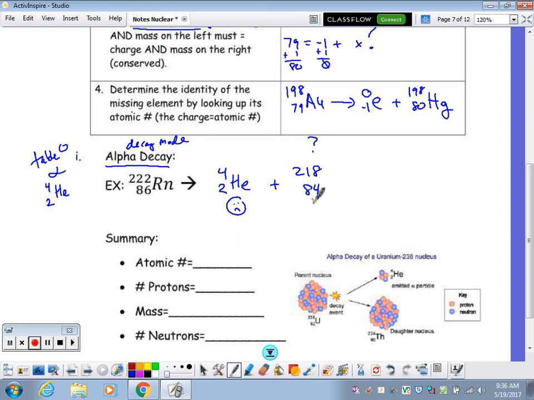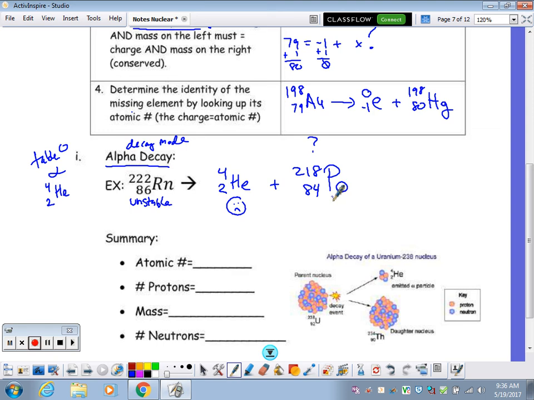The new particle has a different atomic number than Rn. Therefore, it has a different identity and a different symbol. So I have to go to the periodic table to find out which element has an atomic number of 84. When I look it up, I see that it is Po, polonium. Rn is unstable.